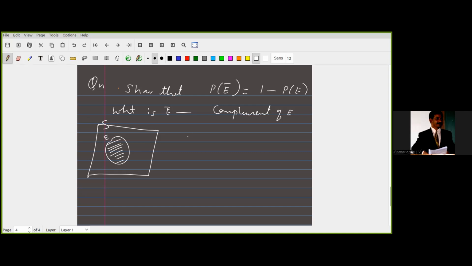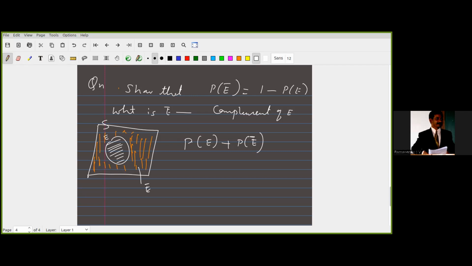P of E plus P of E bar is nothing but this entire orange portion, this orange shading that I'm doing. This is your E dash, E or E bar.